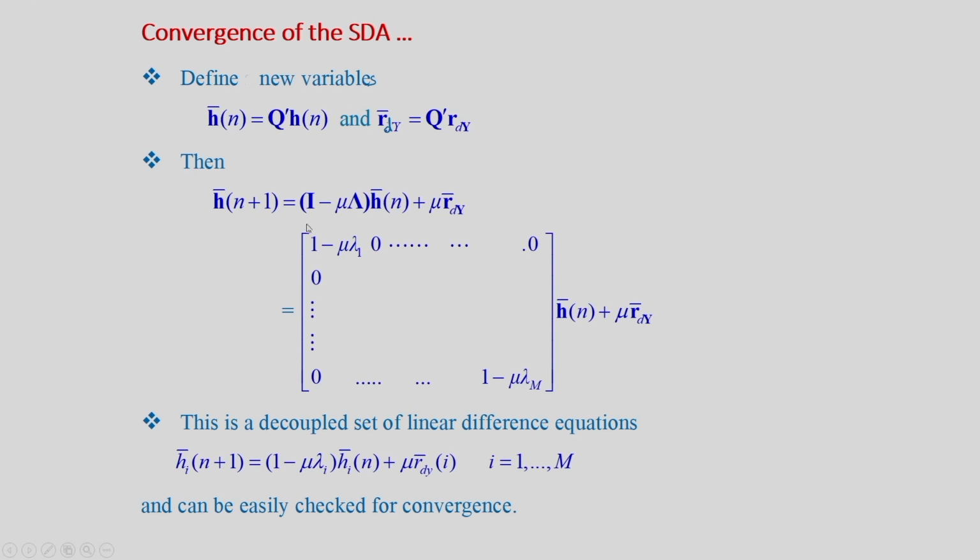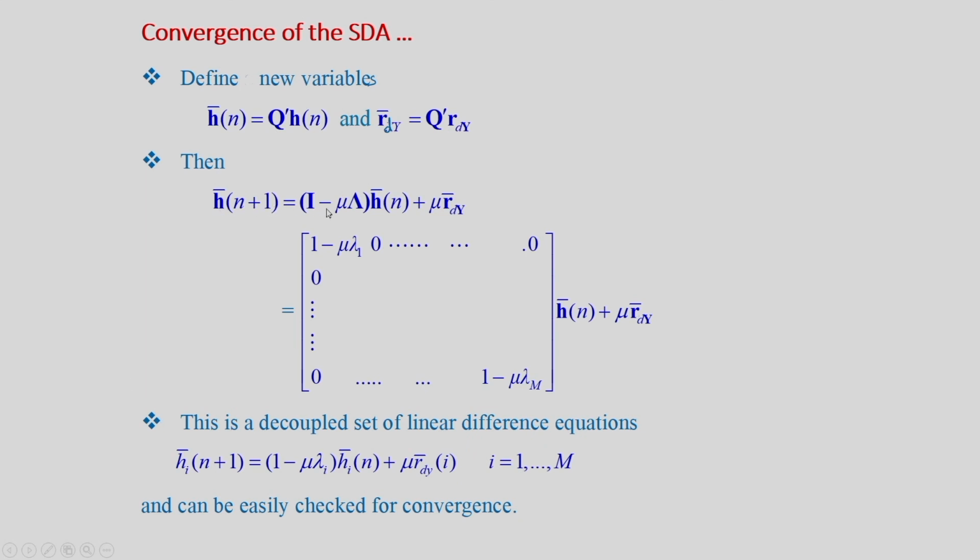So, expanding this we can write, the first term will be 1 minus mu lambda 1 and the rest of the terms will be equal to 0. Similarly, here this term will be 0 and the next term will be 1 minus mu lambda 2. Like that we can complete this matrix multiplied by h bar of n plus mu r dy bar.